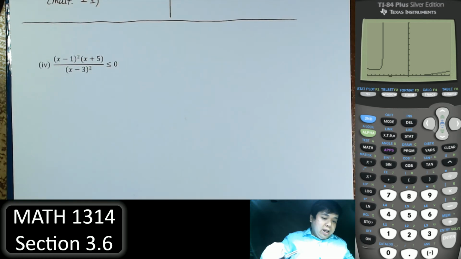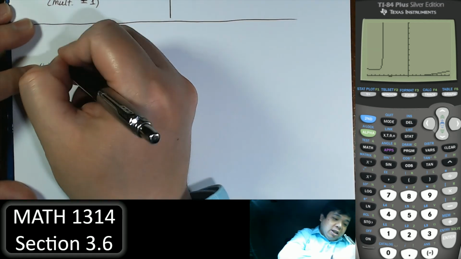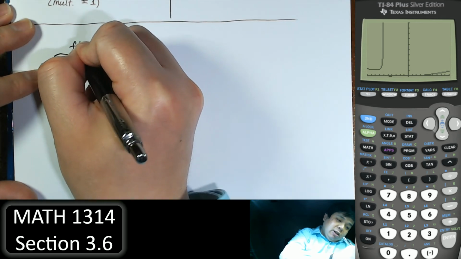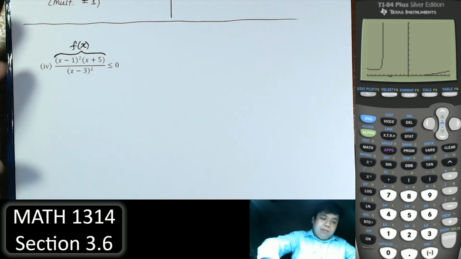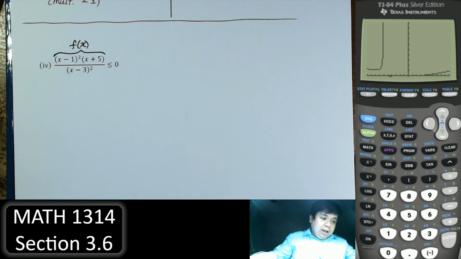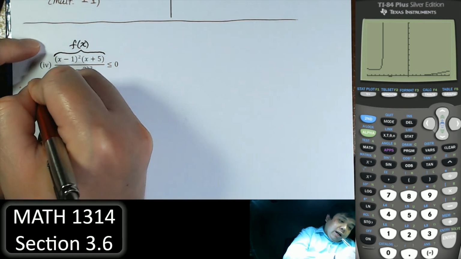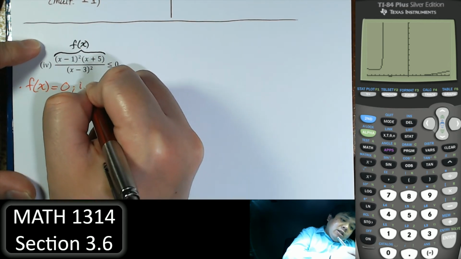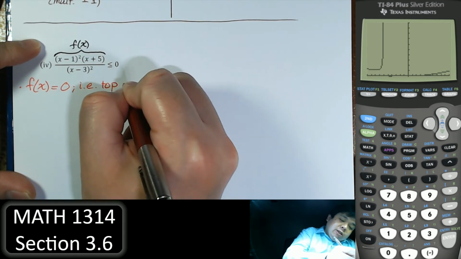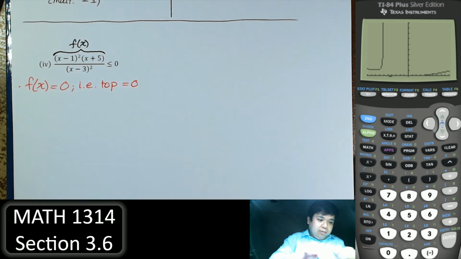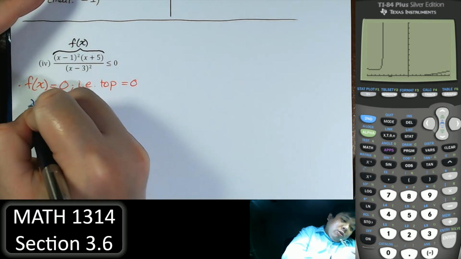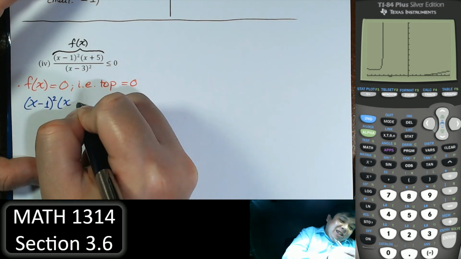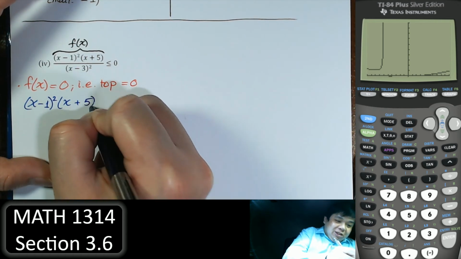Right, next problem. Once again, this is in the right form already. I have the function. Now, the function equal to 0 means the top is 0. You see the multiplicity actually helps a lot to check our answer.